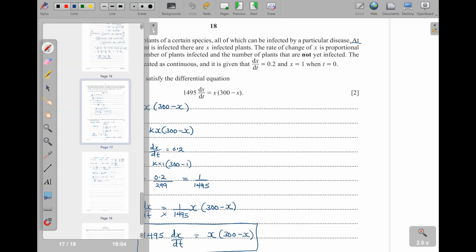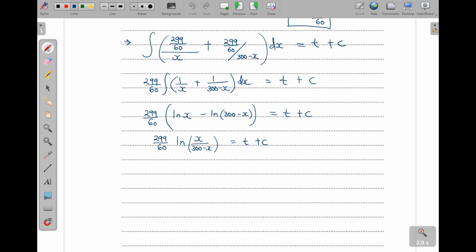So I'm going to substitute it here also. When x is equal to 1, t was equal to 0. So you put in here, you will have 299 over 60, then natural log of 1 over 299, because 300 minus 1, that is 299. You get that? Then that will be the value of c.